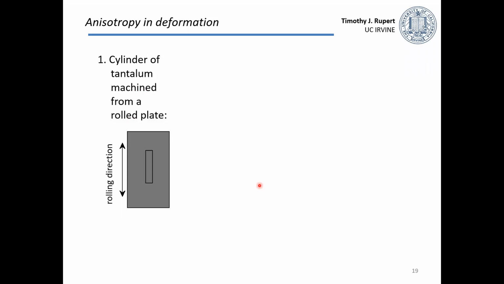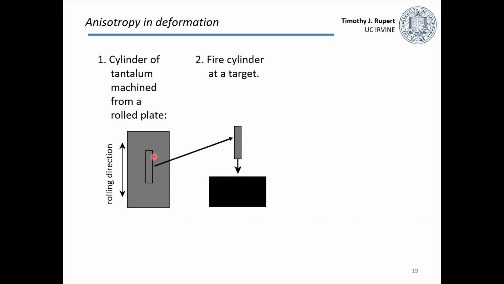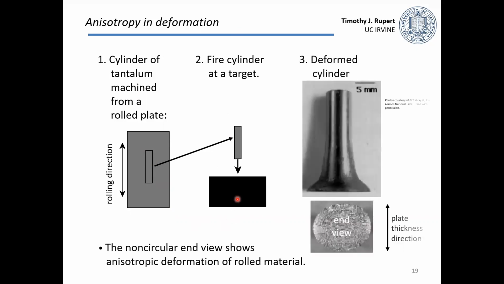And you can actually see some practical effects of this. This is an example showing if you took a cylinder of tantalum, so this is a BCC metal, you machined it into a plate through that rolling process, and you cut a piece out of it and fired it into a surface. So this is a very hard surface. We're going to fire that into the surface and see how it deforms. And if you looked at it, you would find that it does not deform in a uniform manner.